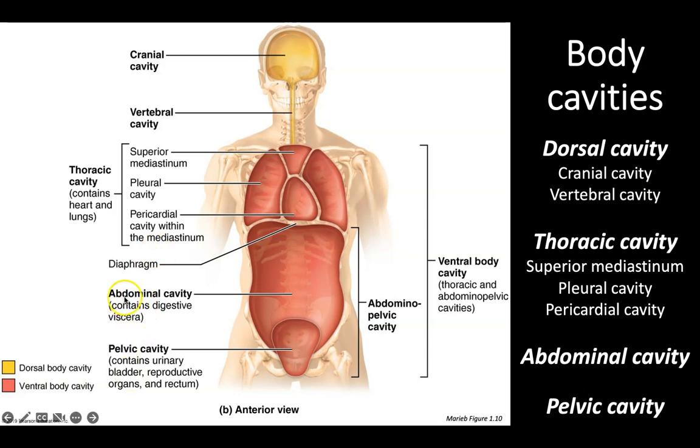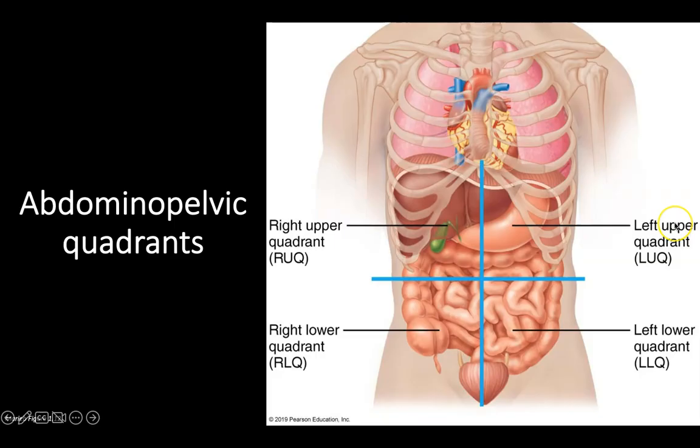And so in this case, we can call this collection of abdominal and pelvic cavities the abdominopelvic cavity. And so now if we look in on that abdominopelvic cavity, we know we can divide it up into four major quadrants. So we have two upper quadrants, right and left upper quadrant, and two lower quadrants, right and left lower quadrants.